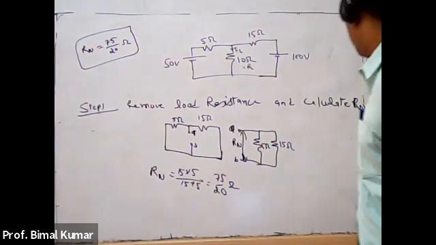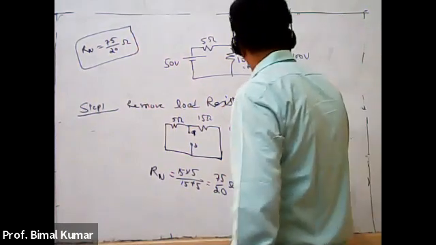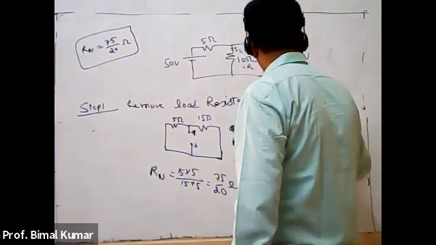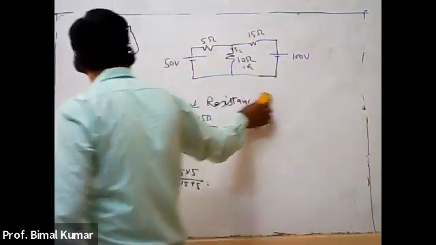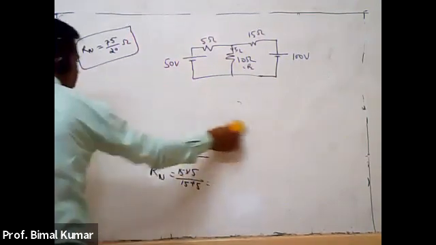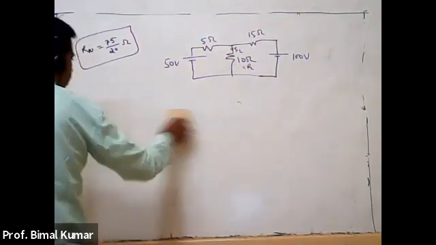That's why I am not explaining so much, because I calculated the same numerical in the previous lecture. So for calculation of Rn, you may refer to my previous lecture.